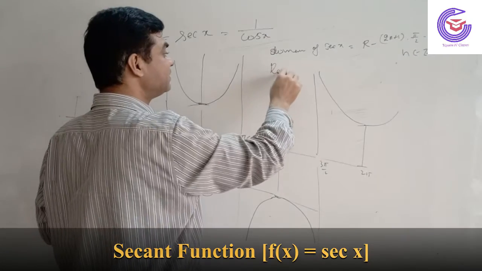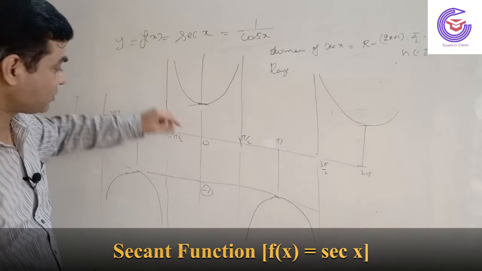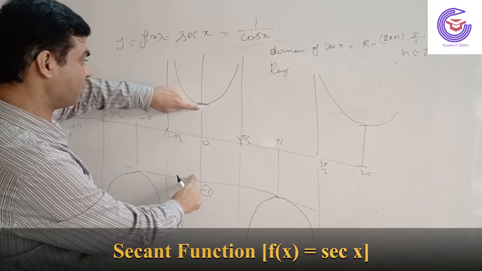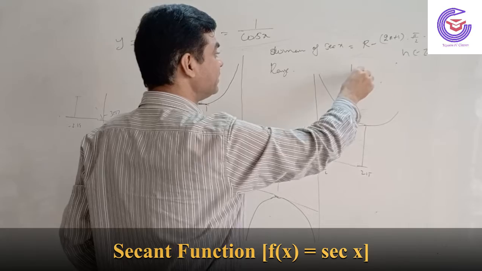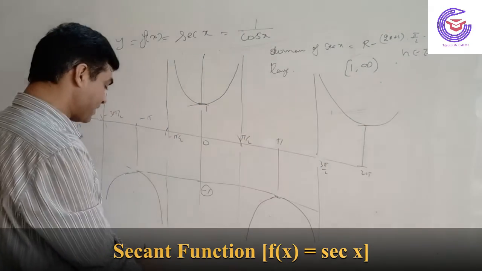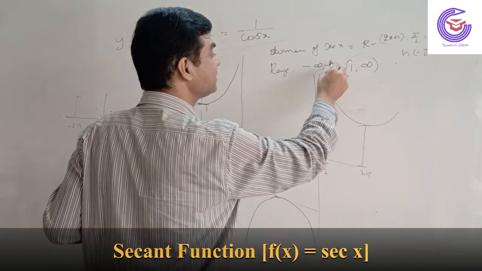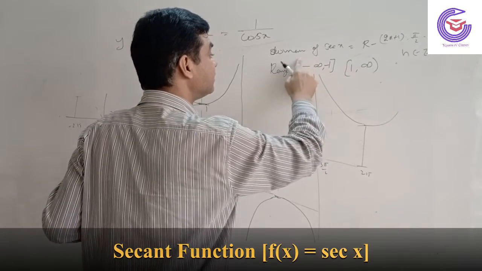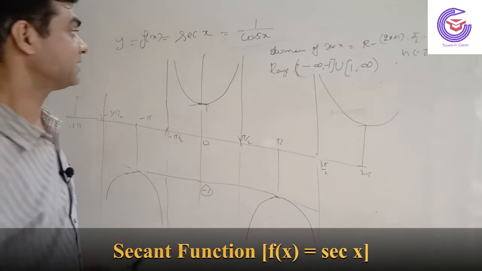What is the range? Here, in this portion you are not getting any value of y. So the range is 1 to infinity, including 1, and minus infinity to minus 1, union. So this is your range of sec x.